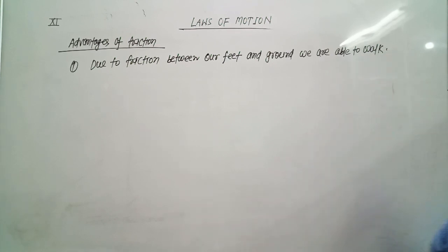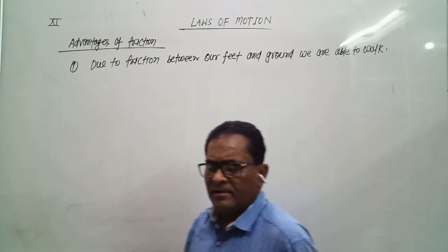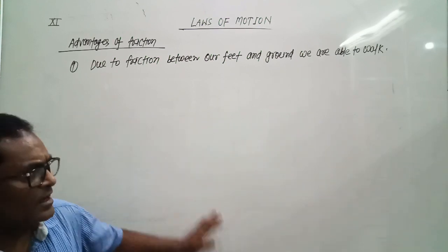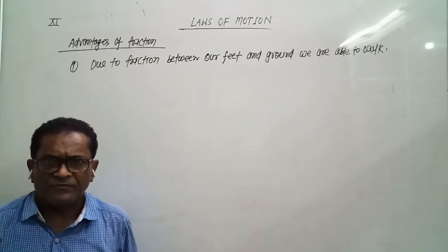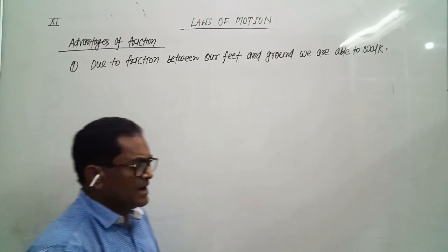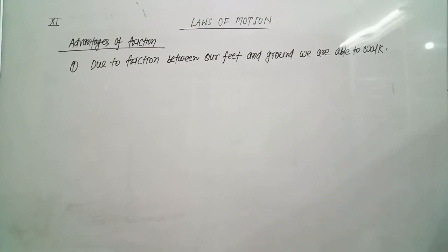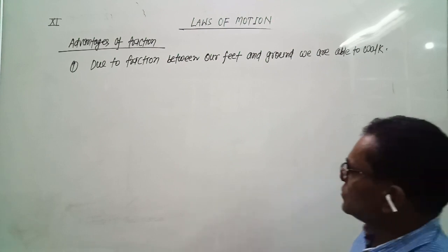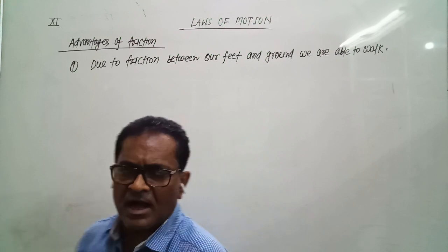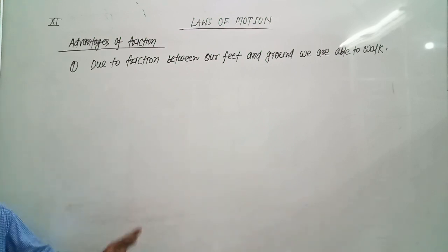So walking is possible due to friction, because when we walk, there is a force of friction acting between our feet and ground, and due to this force of friction, we are able to walk on the ground. This is the first advantage.